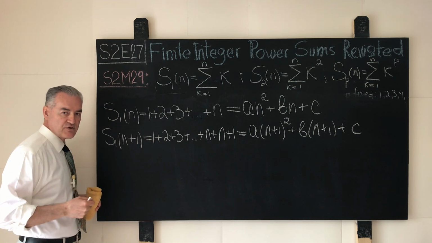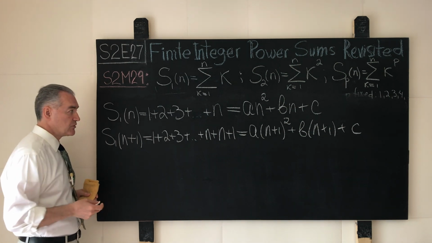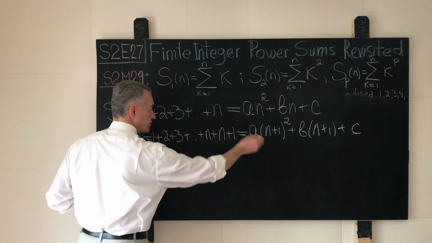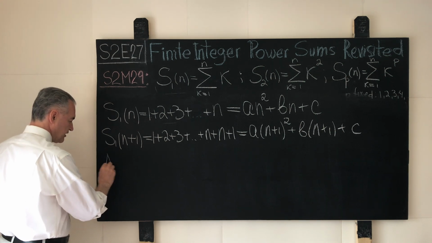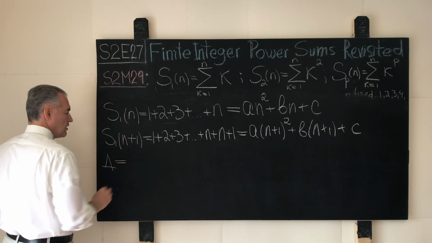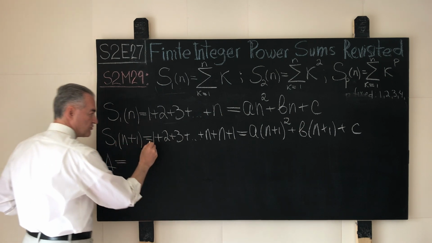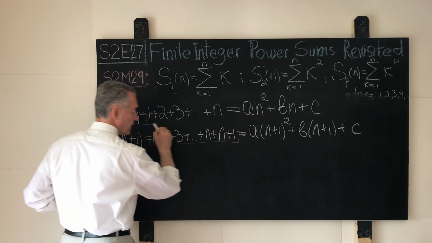What is step number 3 of our algorithm? Step number 3 prescribes that we construct the difference between the iterated expressions and the original ones. Let's write it as a delta. From the sum S1 of n plus 1, written out explicitly, we subtract the sum S1 of n.